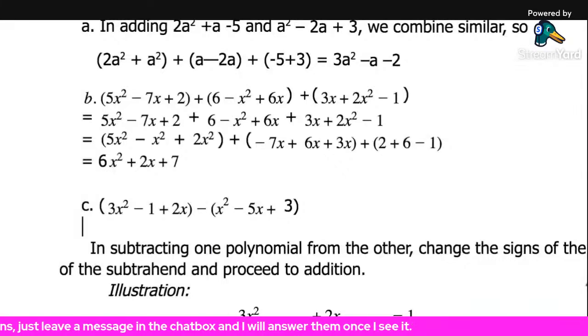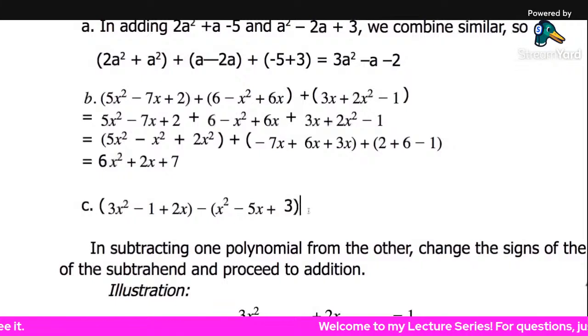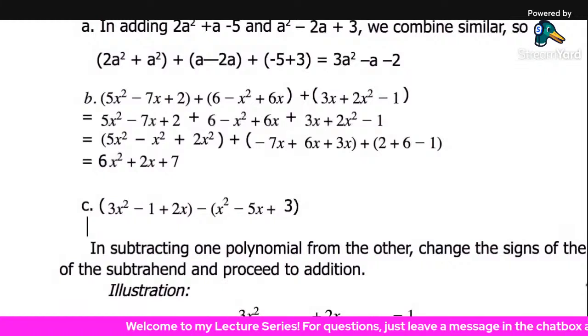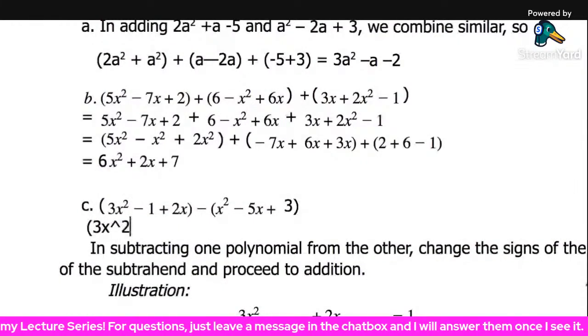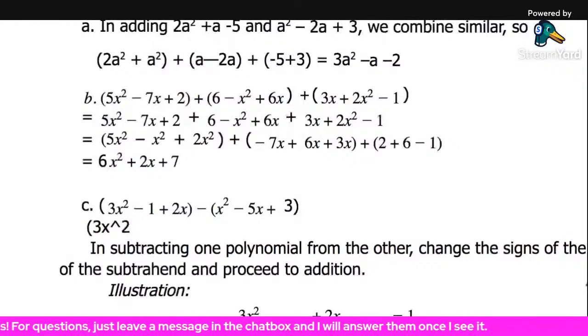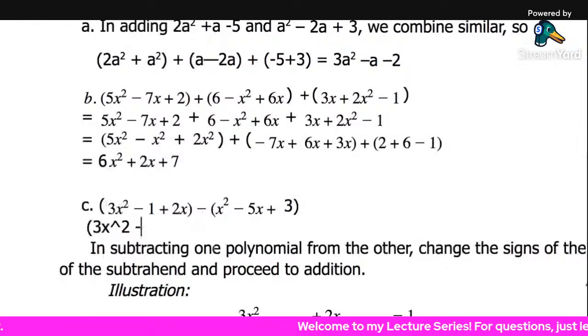If we're going to rewrite this, so we can have 3x. I will just use caret, guys, for an exponent. So if you're going to group this one, you have 3x squared. Then we have a negative and a positive x squared. This will be minus x squared.